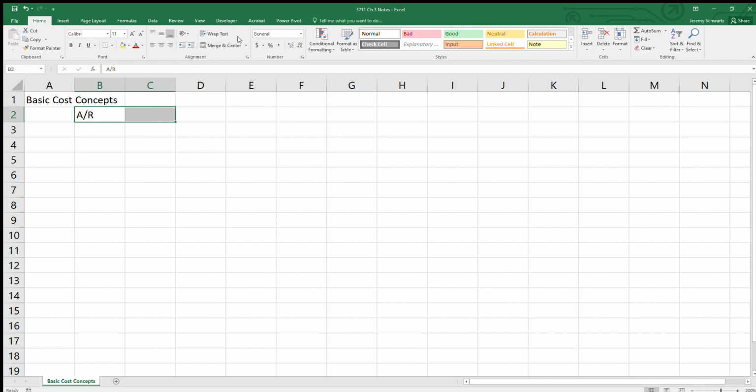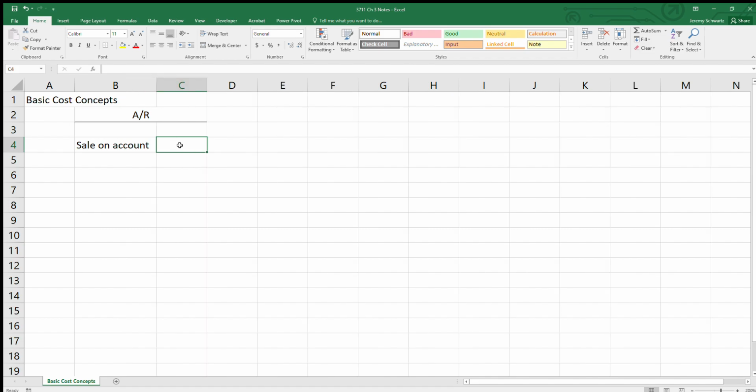So let me just merge these cells and underline here. And so we'd have an increase or a debit here when there's a sale on account, and then we would have a reduction here when we would have a collection on the sale.